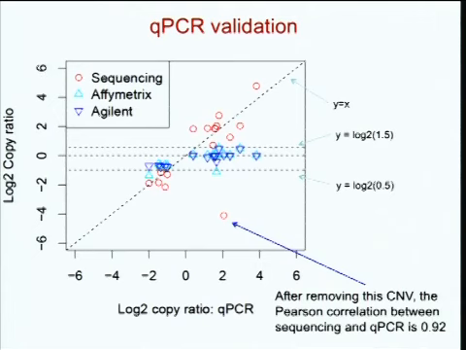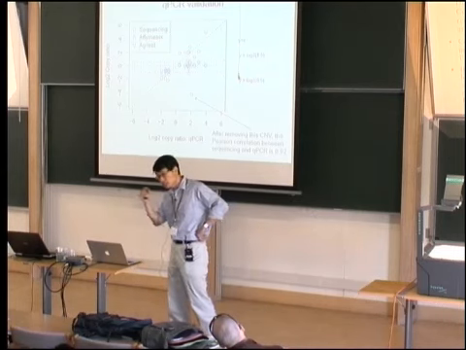So when we look at qPCR validation, again, same data on a scatter plot, it looks like without that outlier, our correlation is pretty high. So compared to other methods like split read or mate pair driven algorithms, we're actually able to estimate the actual copy number fairly well with this depth of sequencing approach.